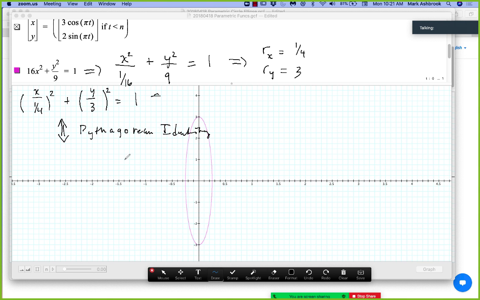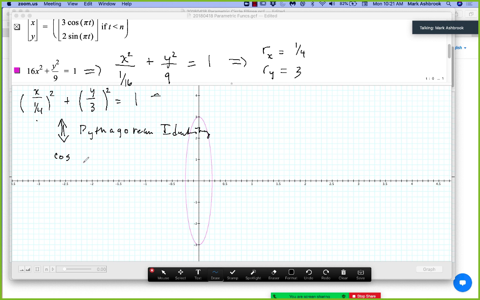So in the Pythagorean identity, what will be equal to, say, cosine? I can say that this argument in here is cosine, and this argument in here is sine, and that would be accurate, because then cosine squared plus sine squared equals 1.